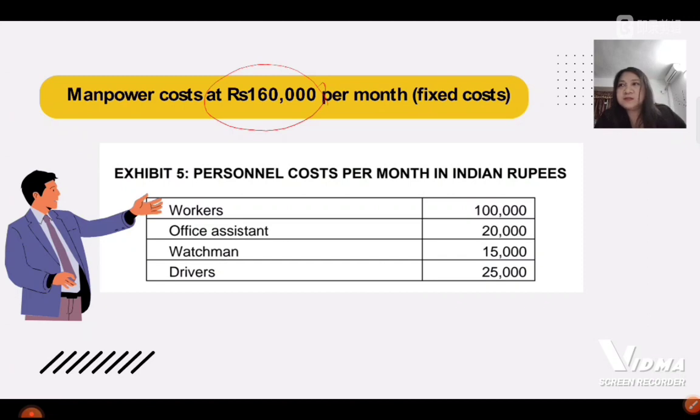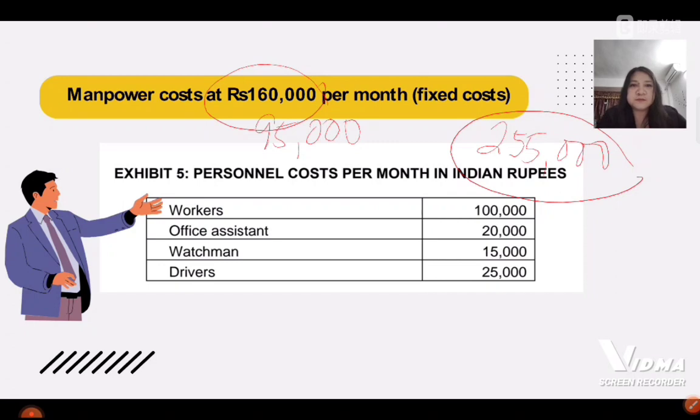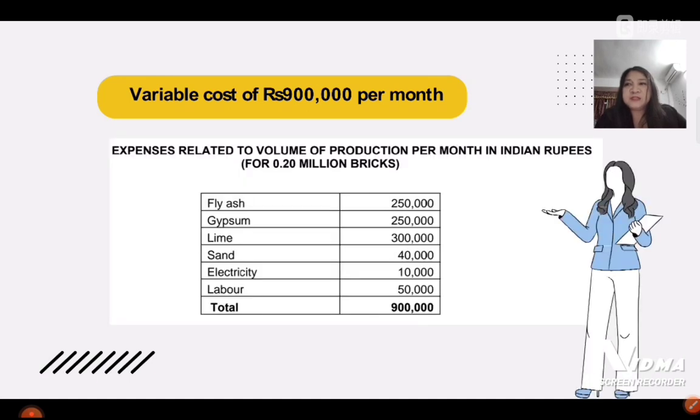So 160,000 rupees and 95,000 routine expenses gives us a total of 255,000 rupees of fixed costs. Materials, electricity, and labor for making the bricks would be 900,000 rupees per month. These would fall under variable costs as they are related to the volume of production.